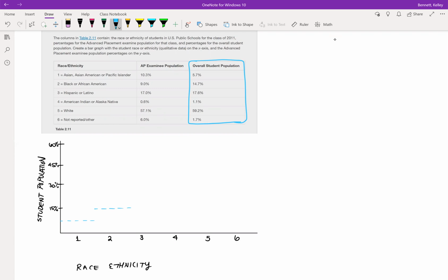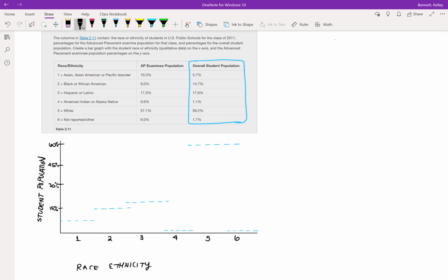For 3, Hispanic or Latino, that was 17.6, so a bit higher. For 4, American Indian or Alaska Native, I have 1.1, so that's very low, down here. For 5, white, I have very high up here. And for 6, that was other, slightly higher than Alaska Native, but really not by much.